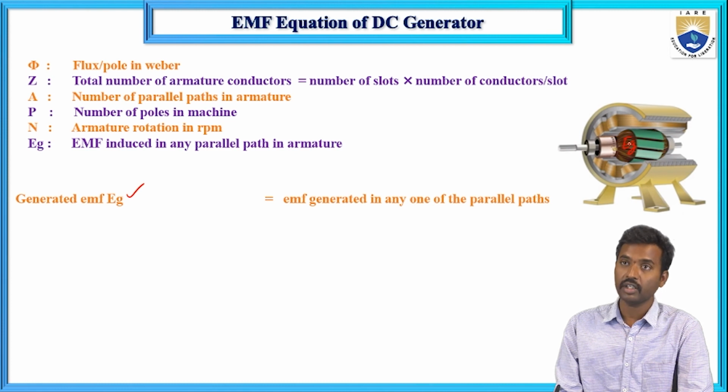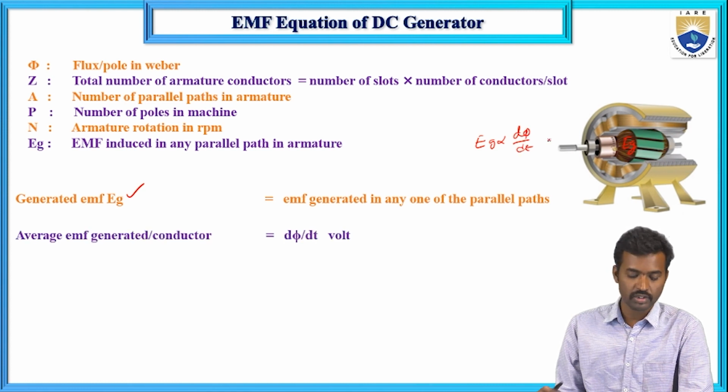That is Faraday's first law. And by Faraday's second law, EG is directly proportional to d phi by dt, the rate of change of flux. So the average induced EMF in the conductor is d phi by dt.